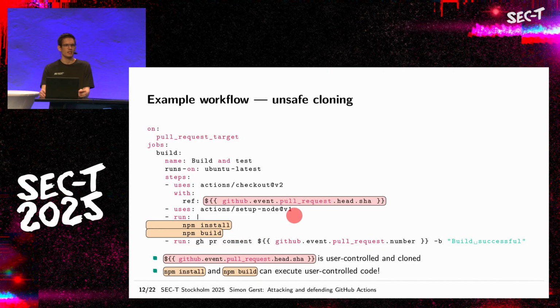And the problem is that I can plant a specific file that NPM will read when it's installing or building stuff. And in this file, I can inject my own commands that I, as an attacker, want to execute. So again, we are executing user-controlled code, which is bad.